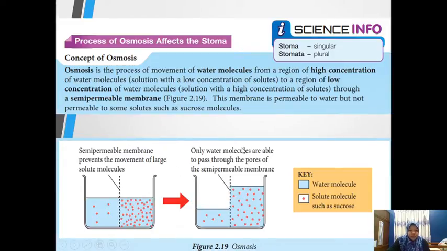Only water molecules are able to pass through the pores of the semi-permeable membrane. So hanya molekul air sahaja yang boleh melepasi liang-liang semi-permeable membrane yang agak nipis ni tadi. Ini adalah proses osmosis.